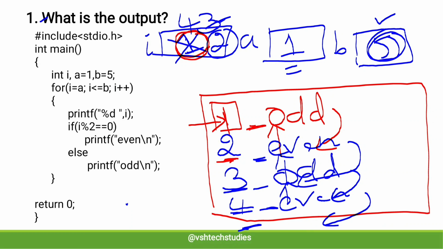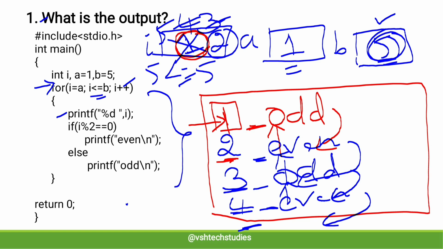Next, control will come back to the for loop. The I value is incremented, so it is made 5. Is 5 less than or equal to B, that is 5, because B is 5? Yes, it is true because 5 equals 5. Then control comes inside the loop body here. First instruction, print the integer value of I. I is 5, so 5 is printed, space is left.